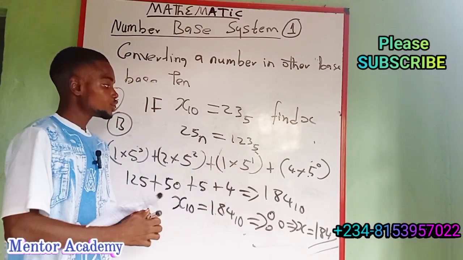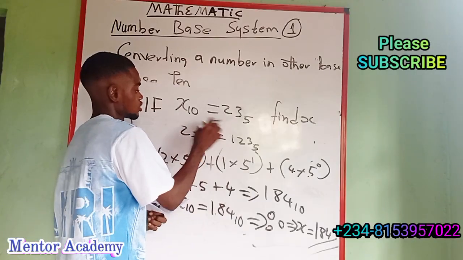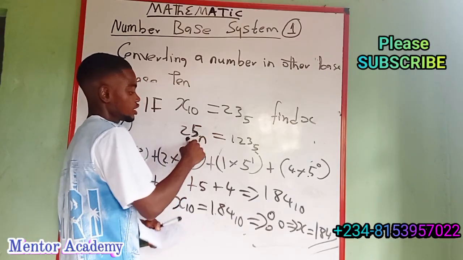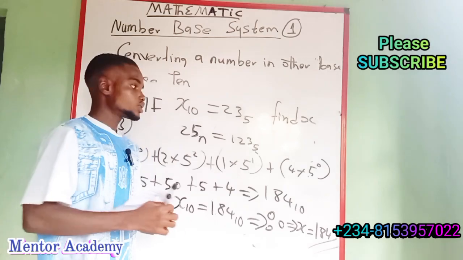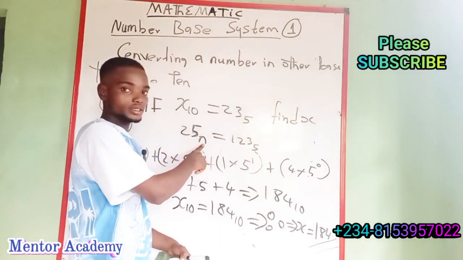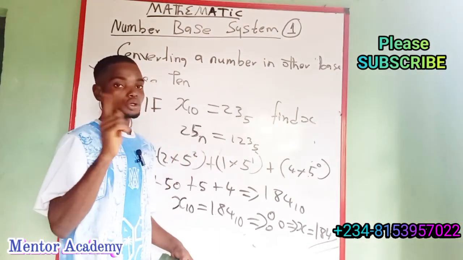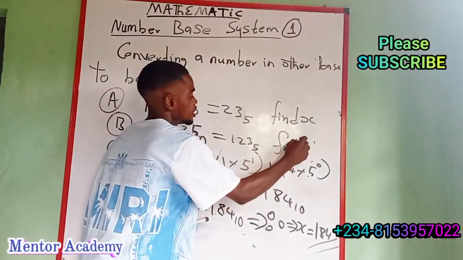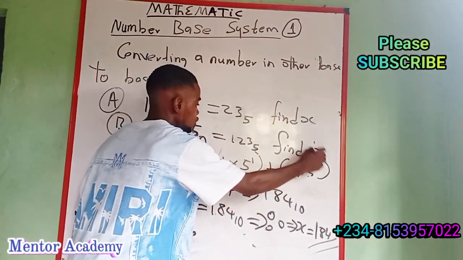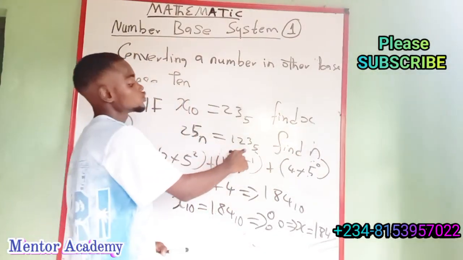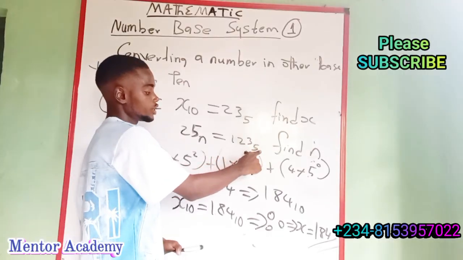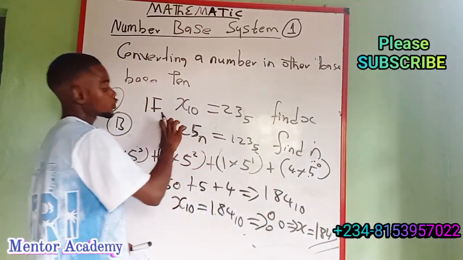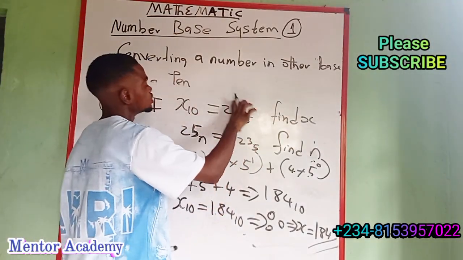Now there's a difference between this question here and this question. This we have in another base, an unknown base. Notice that this n here, we don't know the base. We know the base of this one, but we don't know the base of the other. So the approach of this one is not the same as this one.